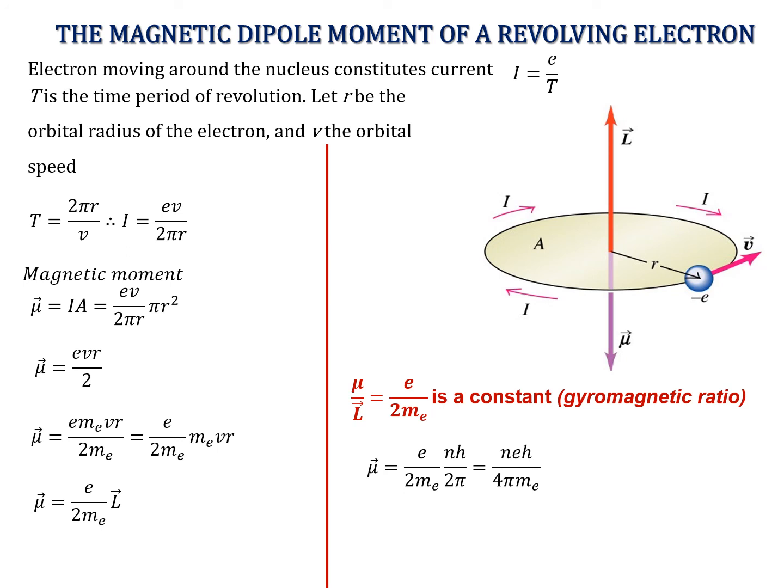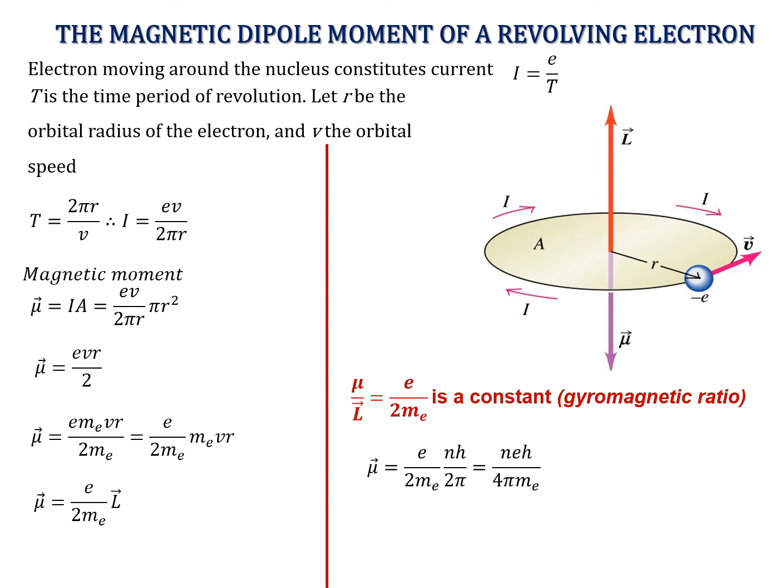Now, according to Bohr's postulates, Bohr's atomic model, the second postulate states that for an electron revolving around the nucleus, only those orbits are possible for which angular momentum is integral multiple of h upon 2 pi. We have replaced L by nh upon 2 pi, where n is the principal quantum number. For first orbit, its value is 1, for second 2, and so on.